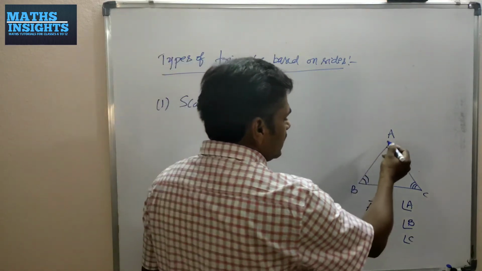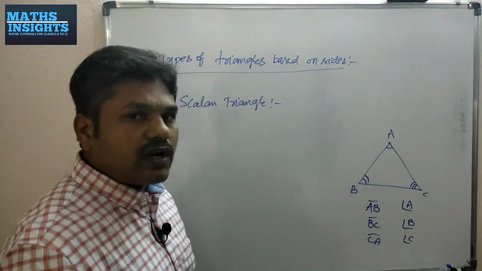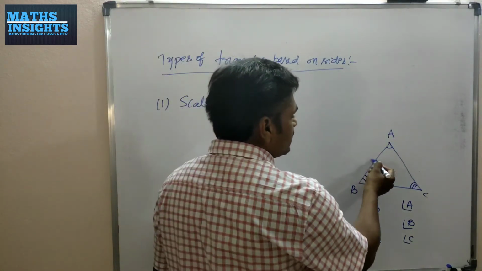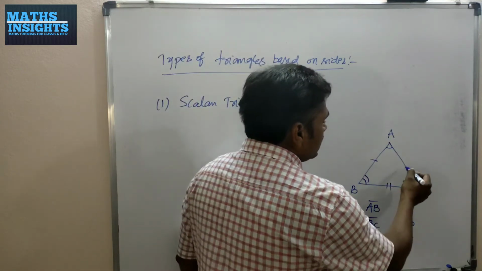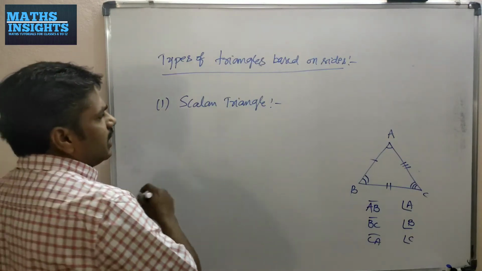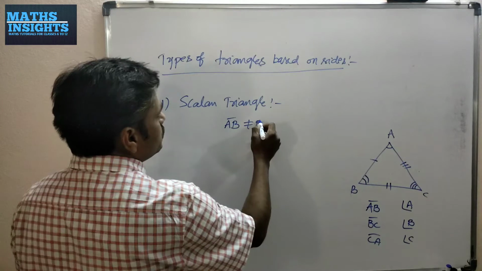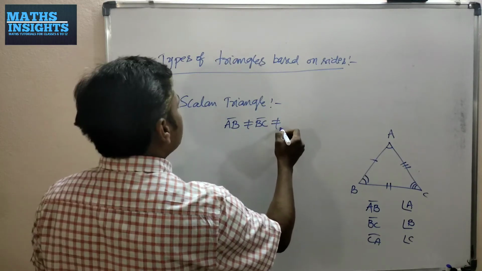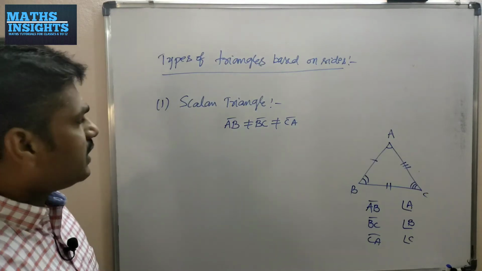And see, if AB, BC and CA are not equals to each other, therefore I am representing the lengths with the different symbols. So here and here, then that is said to be a scalene triangle. So I am writing here length of AB is not equals to length of BC is not equals to length of CA. Then that is said to be a scalene triangle.